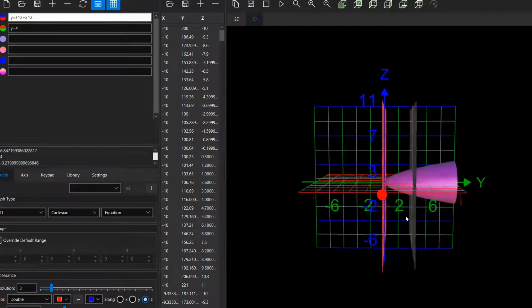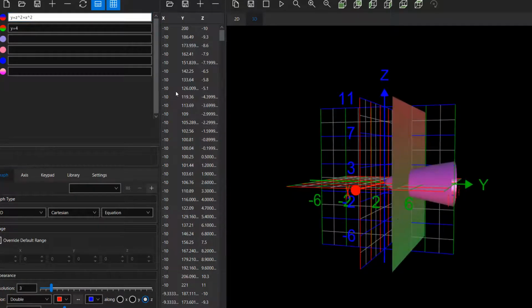The region is bounded by the plane y equals 4 and y equals z squared plus x squared, which is a paraboloid.